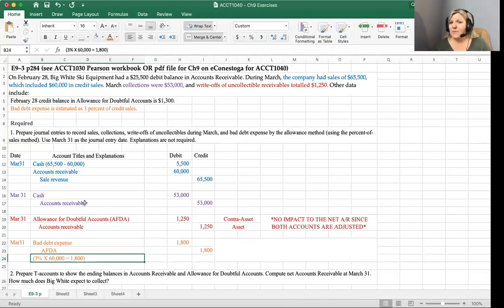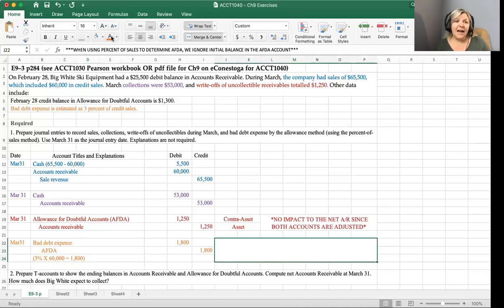Our credit sales was given as 60,000. So 3% of 60,000 is 1,800. That ends up being our estimate on what we're not going to collect using the percent of sales method. So we debit our bad debt expense, which is an income statement account, and we credit our contra asset account, allowance for doubtful accounts.